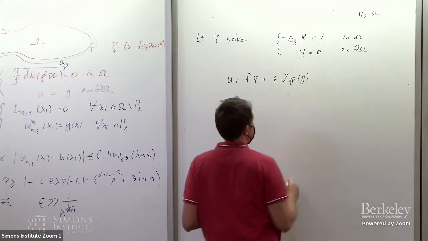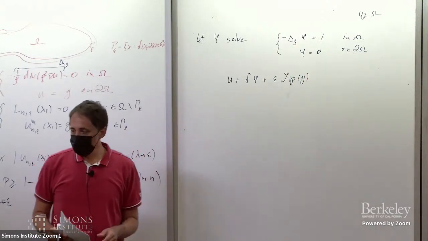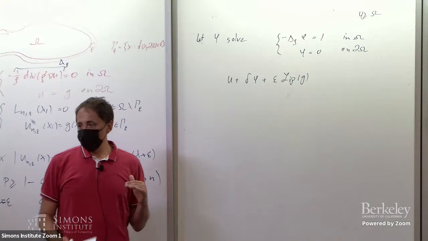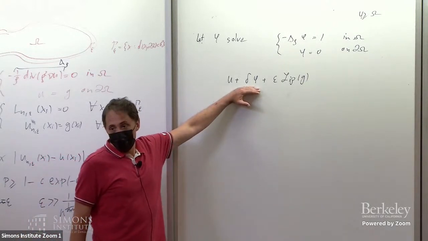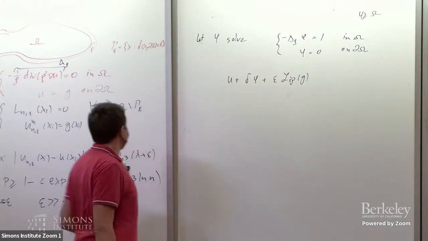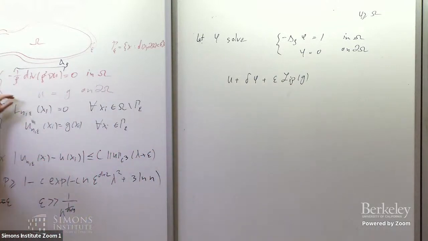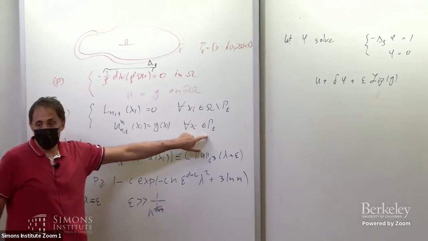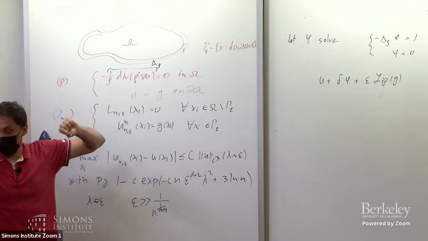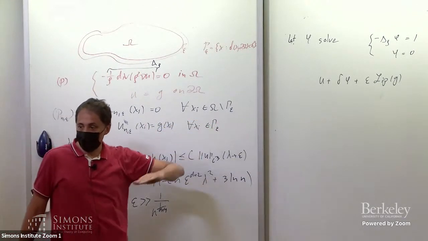So let's assume that g, the boundary data, is Lipschitz continuous. So what is it that I do here? I create a little bit of a super solution, and I lift the data to account for the fact that the boundary data are not assigned exactly on the same set. Here it's just on the boundary, whereas here it is in this thickened layer. So I want to make sure that I stay above that.